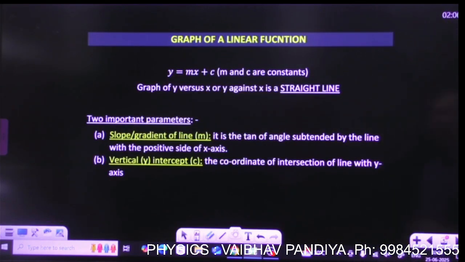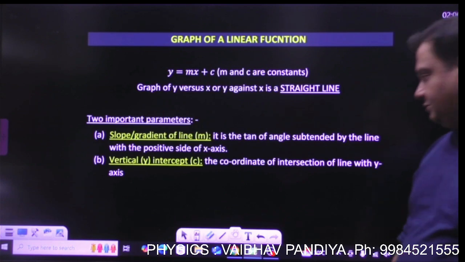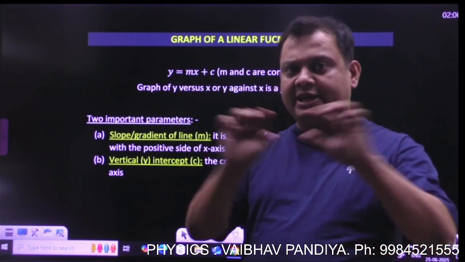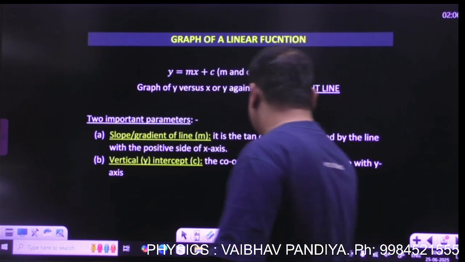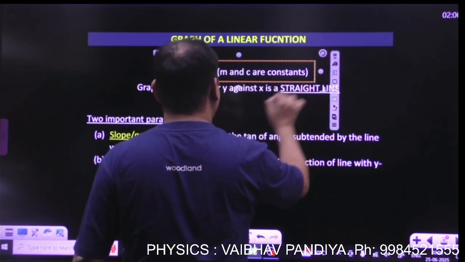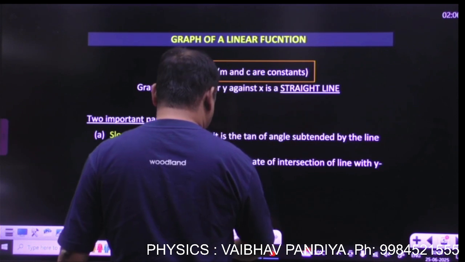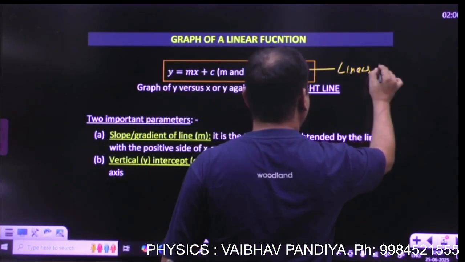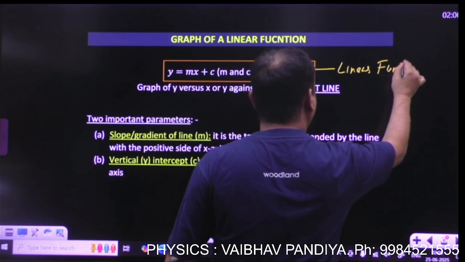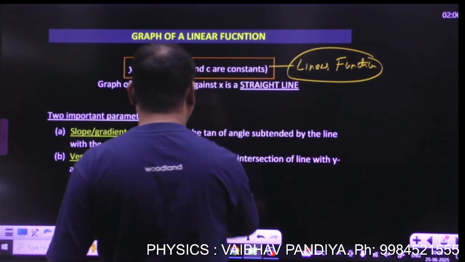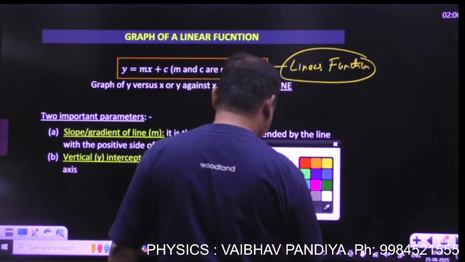Now see how we plot the graph of a linear function. So now we have learned to identify the equation of a linear function. This will be the equation of a linear function, and whenever you have a linear function, always remember, the graph of a linear function will always be a straight line. Got it?